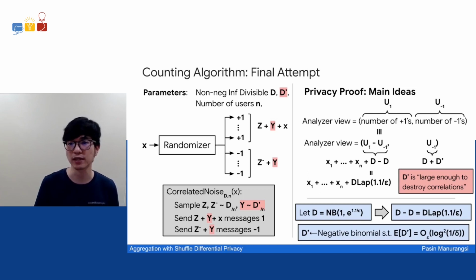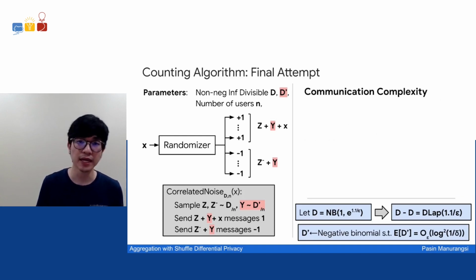You kind of destroy the correlation between the two, so that basically the second term doesn't leak any privacy. This is why essentially the privacy leak all comes from the first term, which is exactly the same as the discrete Laplace mechanism. And that's why you get the differential privacy that you want.